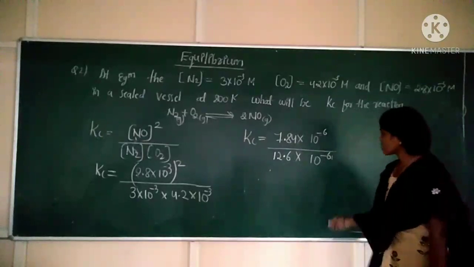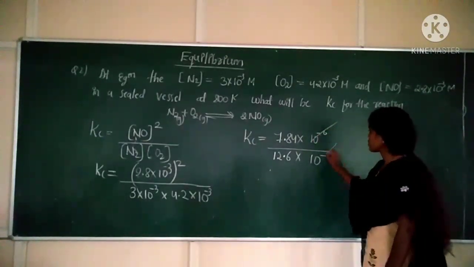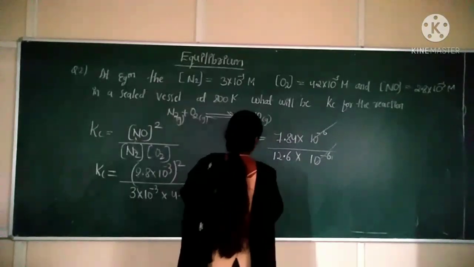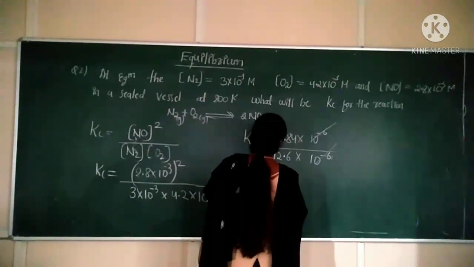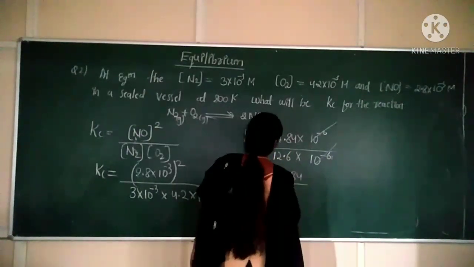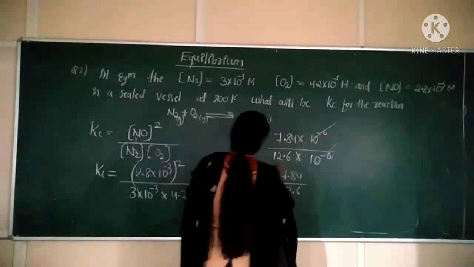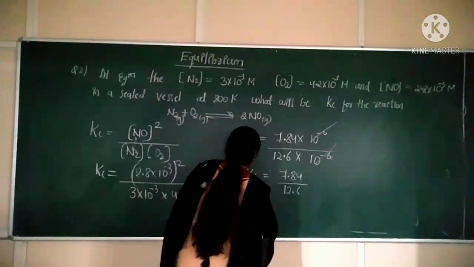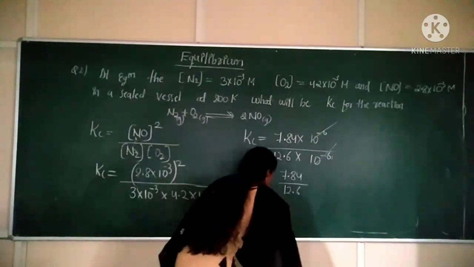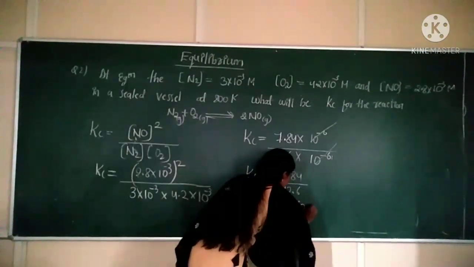Correct? So 10 to the power minus 6 cancels. So what remains? Kc equals 7.84 divided by 12.6. Simplify and get the answer. What is the Kc value? 0.622 is the answer.